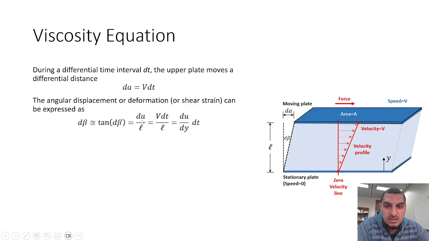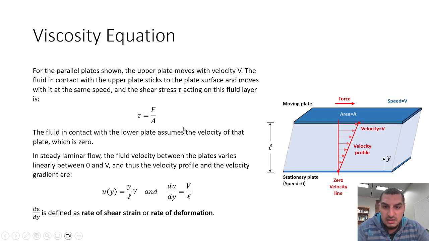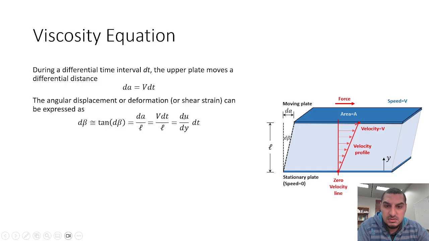Opposite over adjacent, and we know that dA equals v dt, so it's v dt over L, which, if you go to the previous slide, we said that v over L equals du by dy. So it's v over L, which is du by dy, multiplied by dt. Now we can rearrange the equation to be d beta by dt equals du by dy.